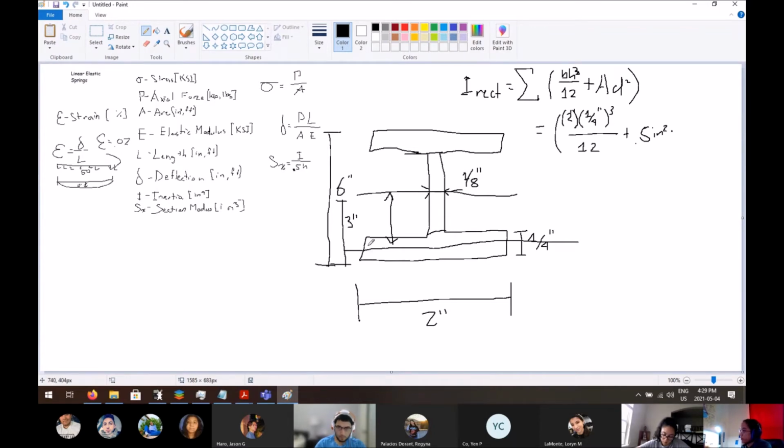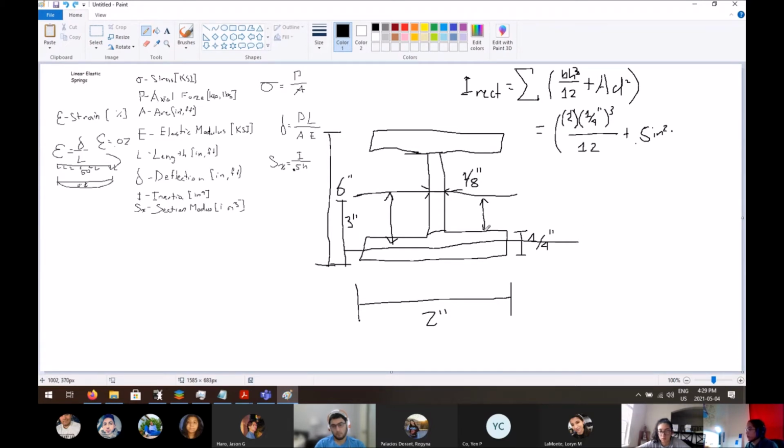But we have this little thing right here. And remember back in the line loads, we had to take the average of the linear load. Well, it's kind of the same thing here. You just have to take the average of here and then add to this distance. But what is this distance? This distance right here is the overall distance minus this thickness right here.